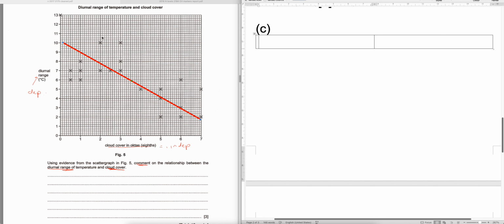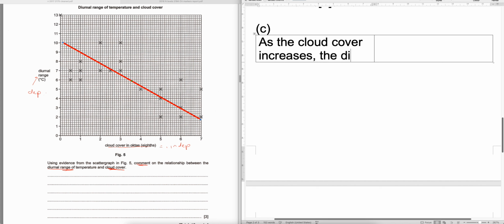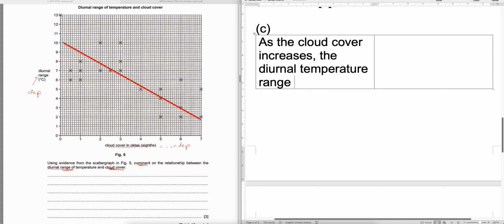Some people may say the relationship is: as the cloud cover increases, the diurnal temperature range decreases. Please state the relationship as well.